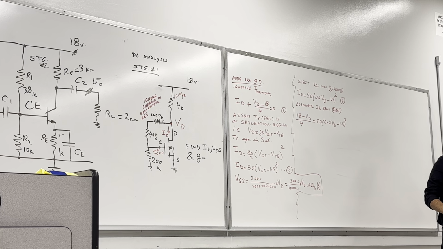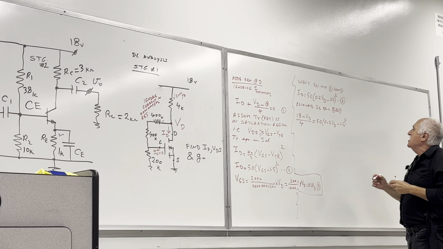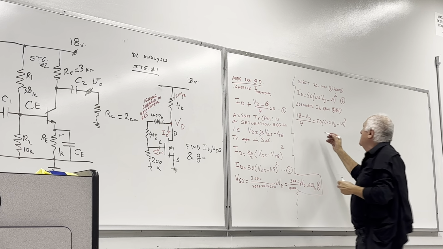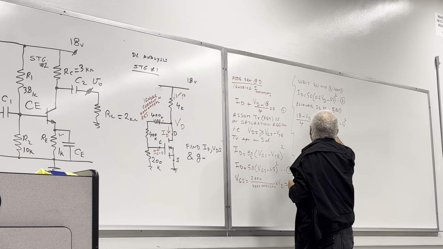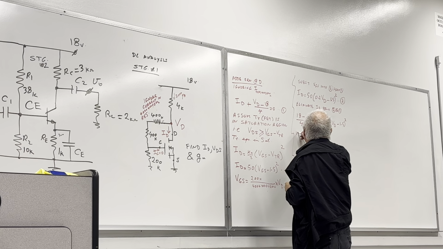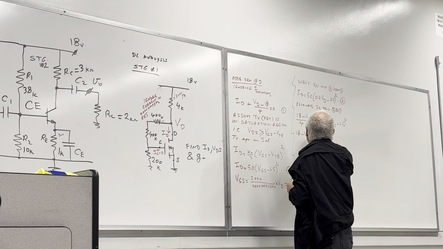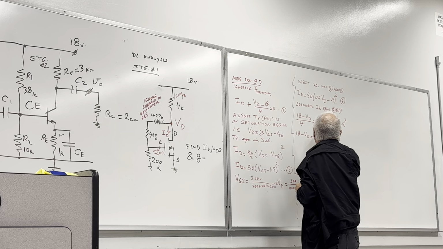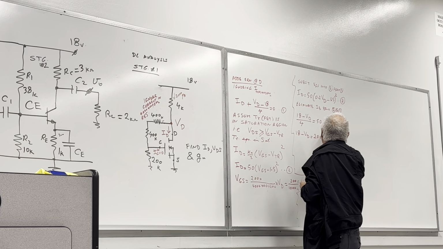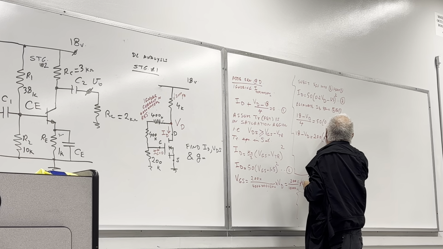That's a quadratic in VD. You should be able to solve that. Okay, so let's see what will be the answer to that one. We can multiply by 4, so it will be 18 minus VD. 4 times 50, that's 200, multiplied by (0.2 VD minus 1.5) squared.